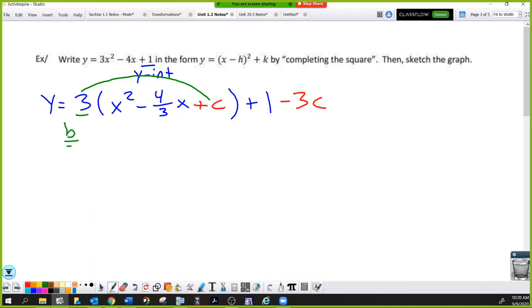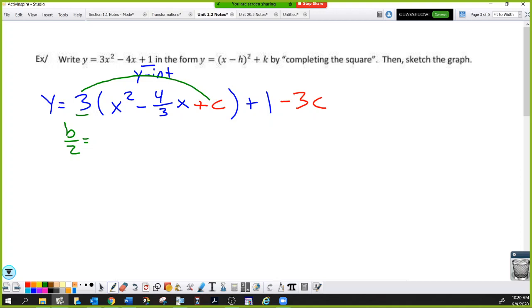So b over 2, well, normally that would be easy, right? But b is already a fraction. So I'm asking you to cut a fraction in half. When you cut a fraction in half, basically what that does is it just doubles the bottom, because it's the same thing as multiplying by 1/2. Or if you're lucky, instead of doubling the bottom, you could just divide the top by 2.